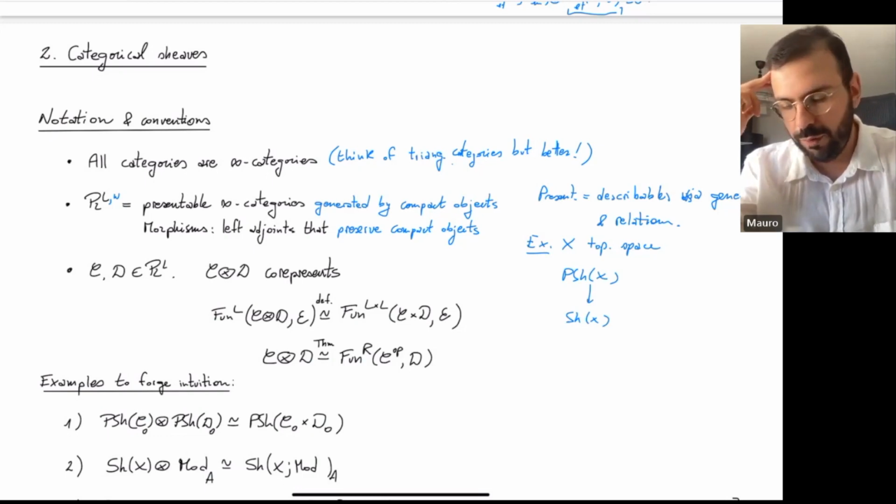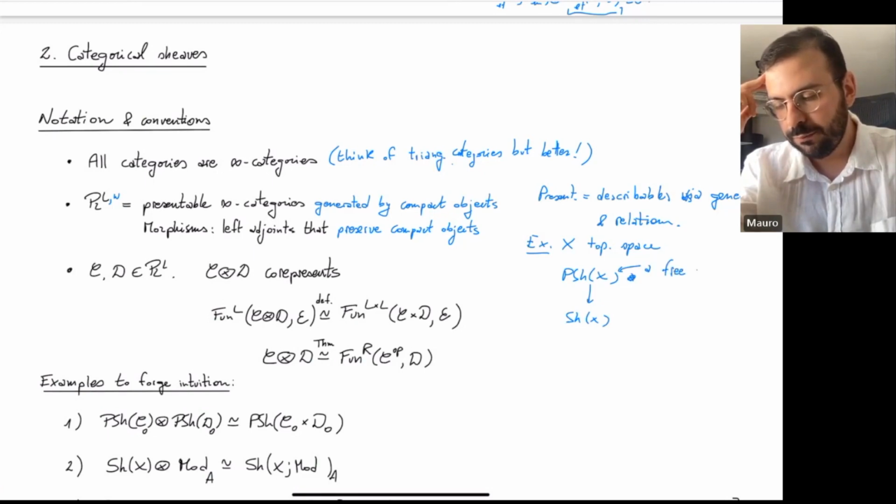So you think of pre-sheaves as a free category, and sheaves are a quotient by the sheafification functor of a free category.